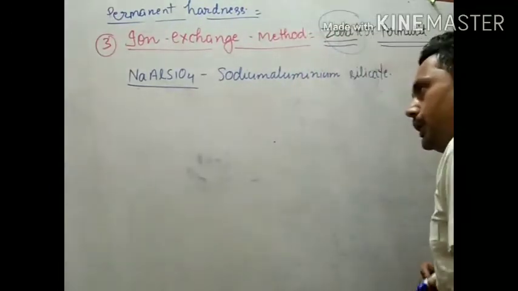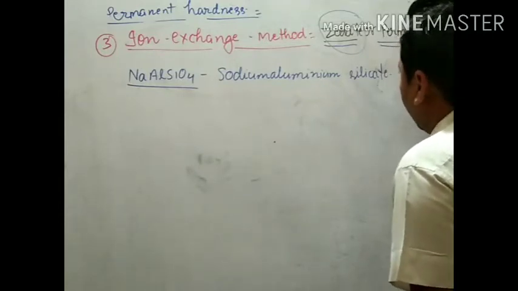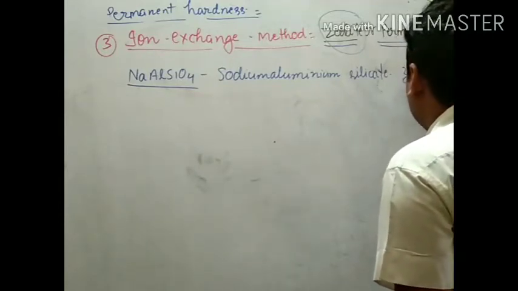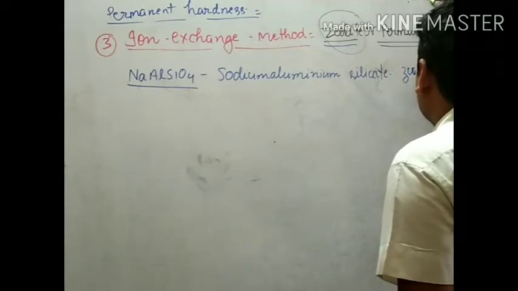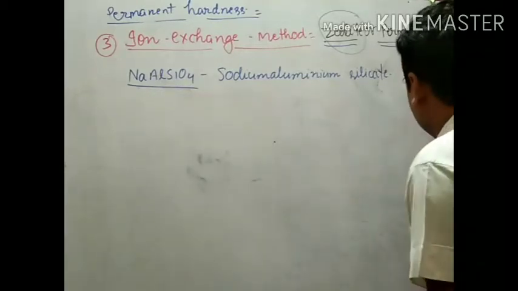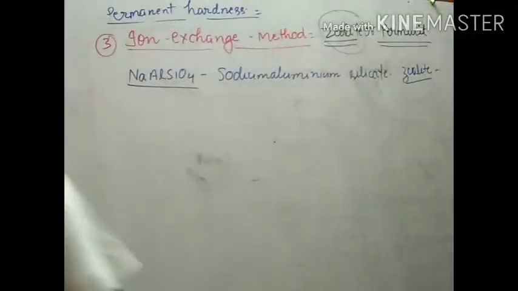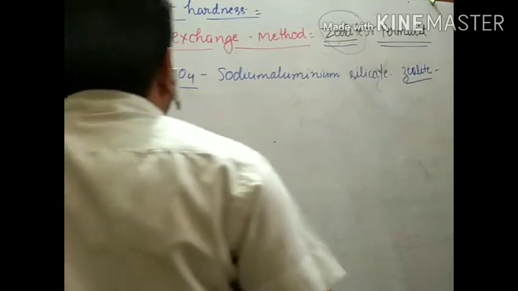This one is known as zeolite. In short form, zeolite can be represented as NaZ.